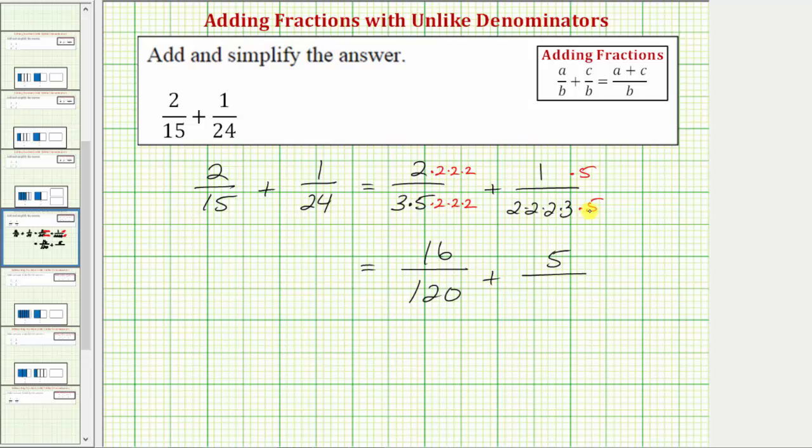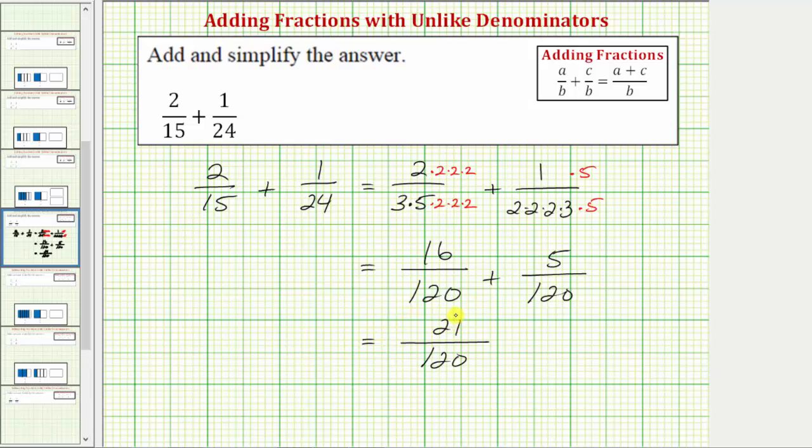The denominator is also going to be 120 because these prime factors are the same as these prime factors. So 5 120ths is equivalent to 1/24. And now that we have a common denominator, we can add the two fractions. The denominator stays 120, and the numerator is 16 plus 5, which equals 21.